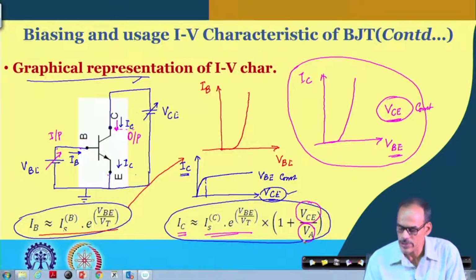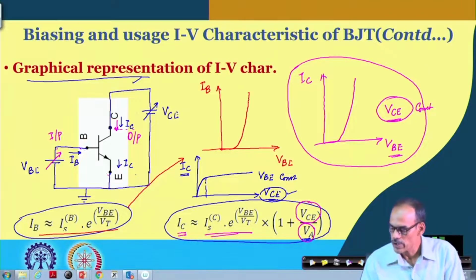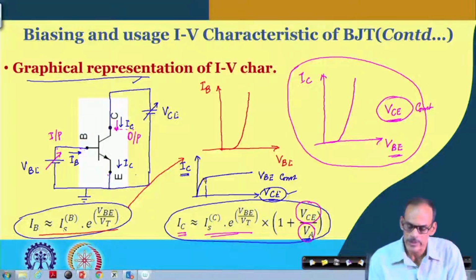Now, what is the significance of this VA and the slope of this line? If you extrapolate this IV characteristic, wherever it intersects the VCE axis, whatever the value we get, that voltage is minus VA.